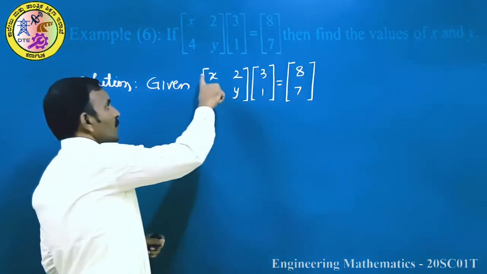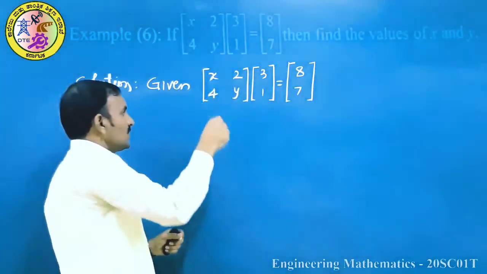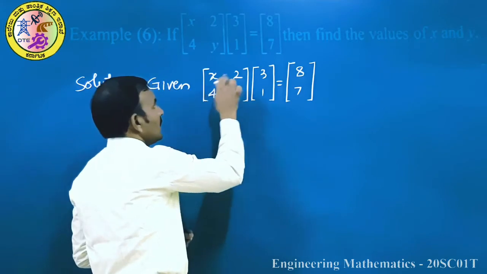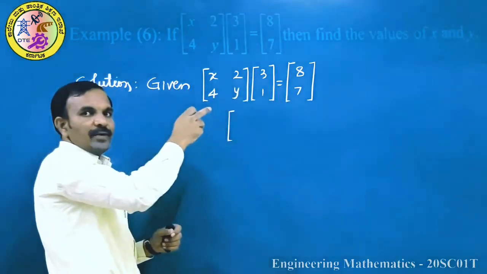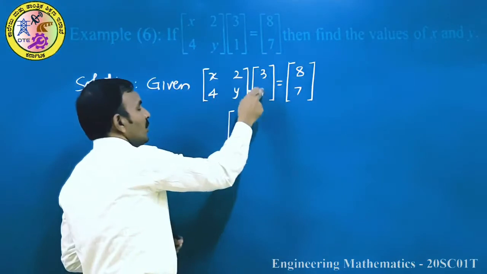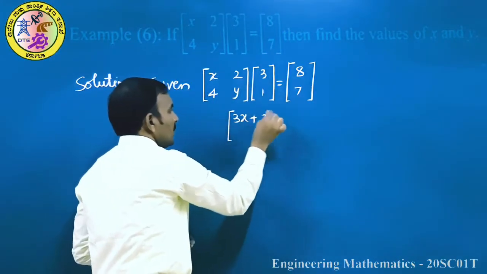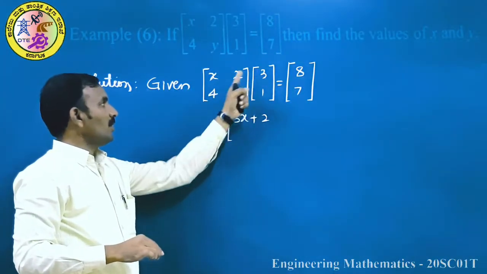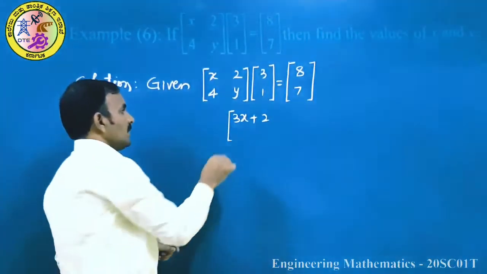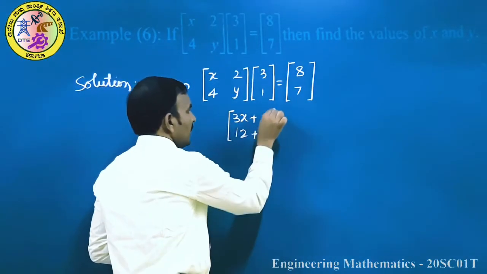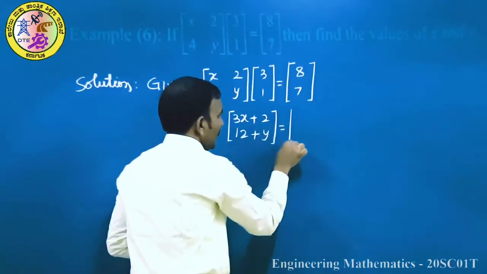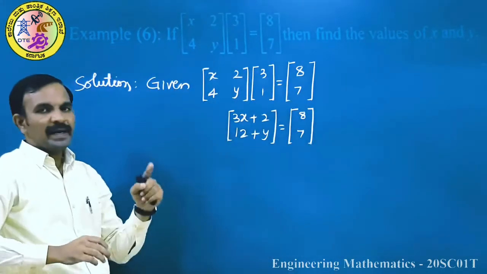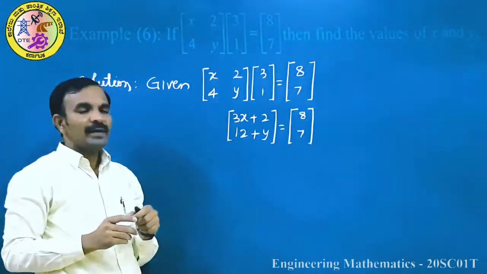That is first row first column: 3 into x, 2 into 1, that is 3x plus 2. Second row first column: 4 into 3 is 12, y into 1 is y, that is 12 plus y, equal to [8; 7]. Now the left-hand side is one matrix and the right-hand side is one matrix, both orders are the same.